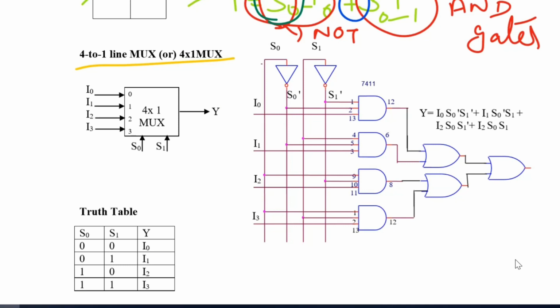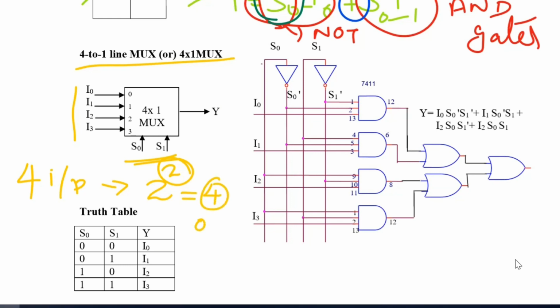For 4 cross 1 we have 4 inputs. So what should be the selection lines? If you have 4 inputs, we have 2 power 2 equal to 4, so we need 2 selection lines. 2 selection lines means we have 2 power 2, 4 options. What are the 4 options? Selection lines S1 S0 can be either 00, or 01, or 10, or 11.